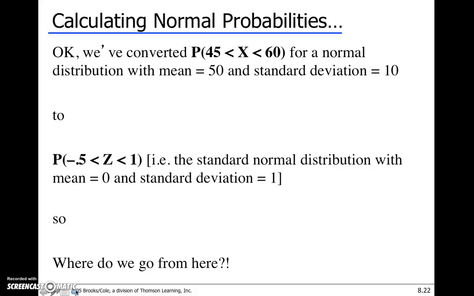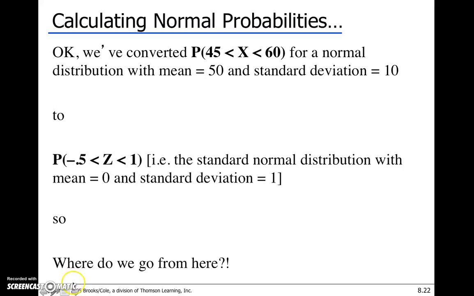Okay, we've converted probability x is greater than 45 and less than 60 for a normal distribution with mean equals 50 and standard deviation 10 to the probability z is greater than minus 0.5 and less than 1. That is the standard normal distribution with the mean equals 0 and the standard deviation equals 1.